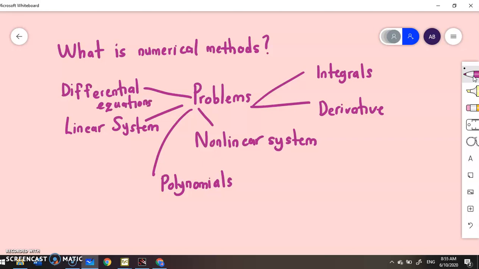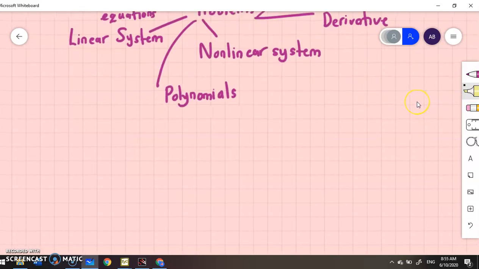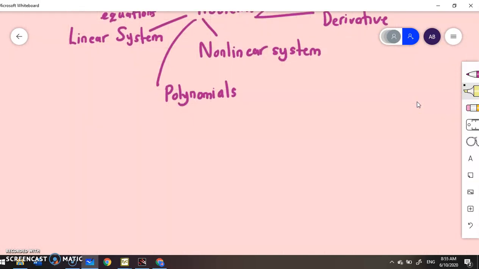When I say all these problems, I can give you an example. For instance, if you have a linear system, what is a linear system? Everybody should know how to solve a linear system.